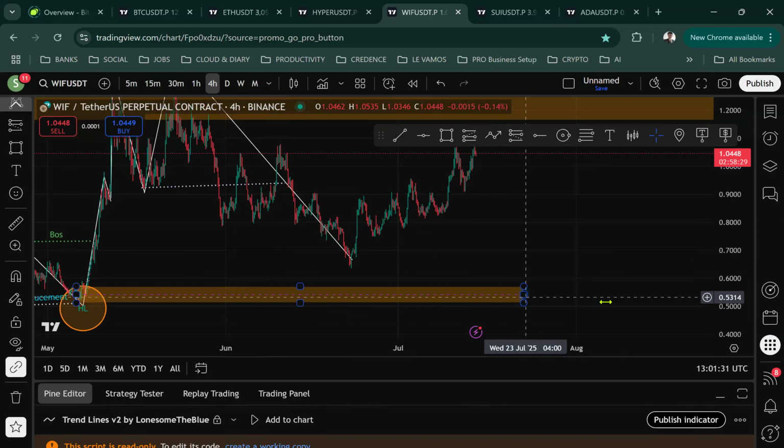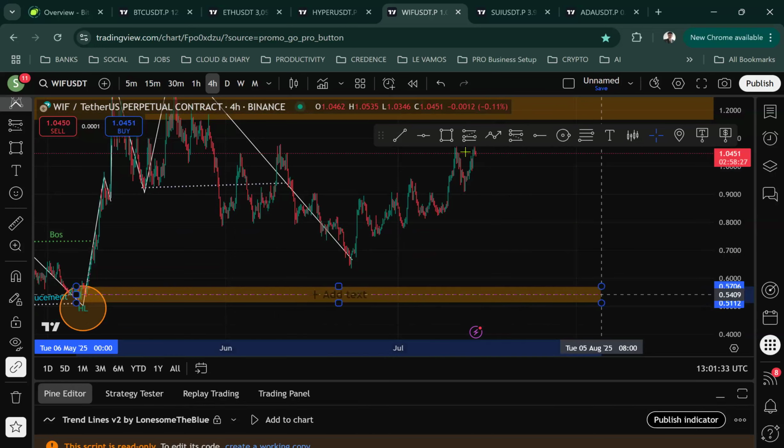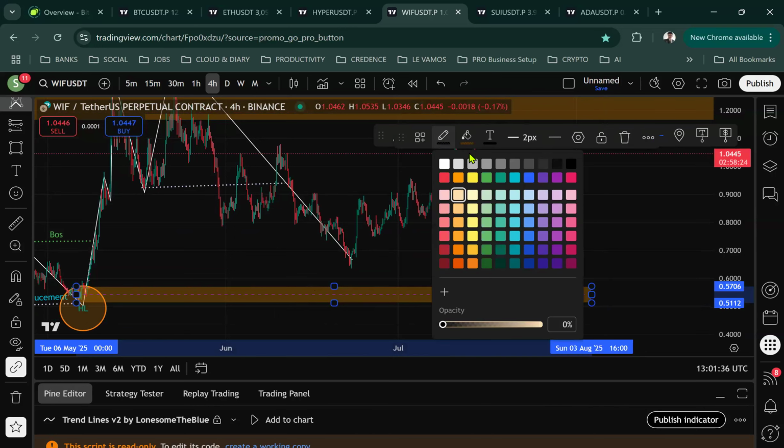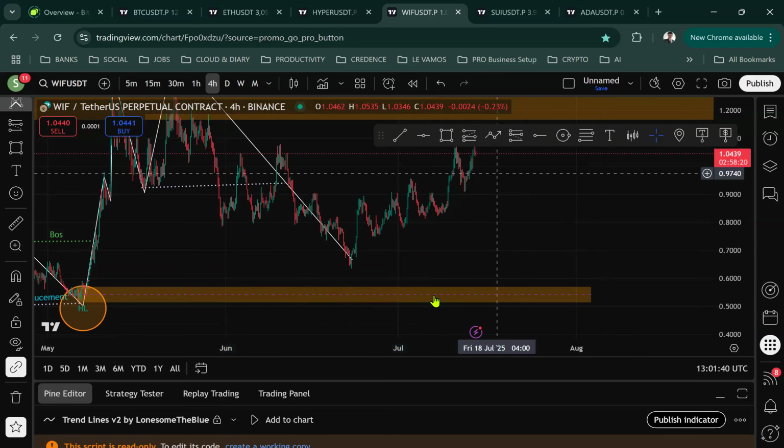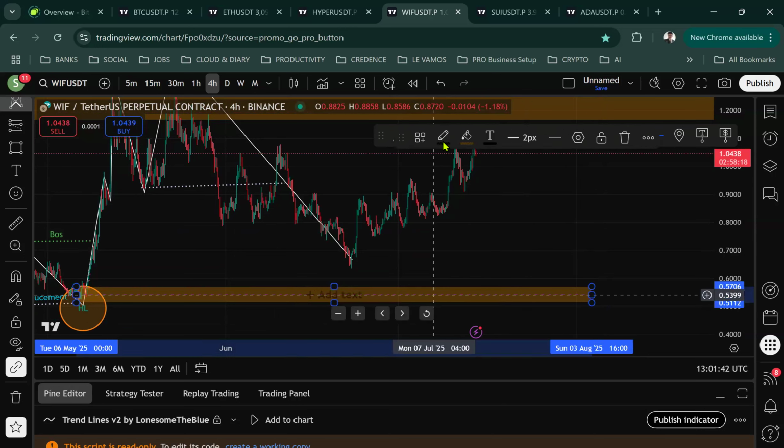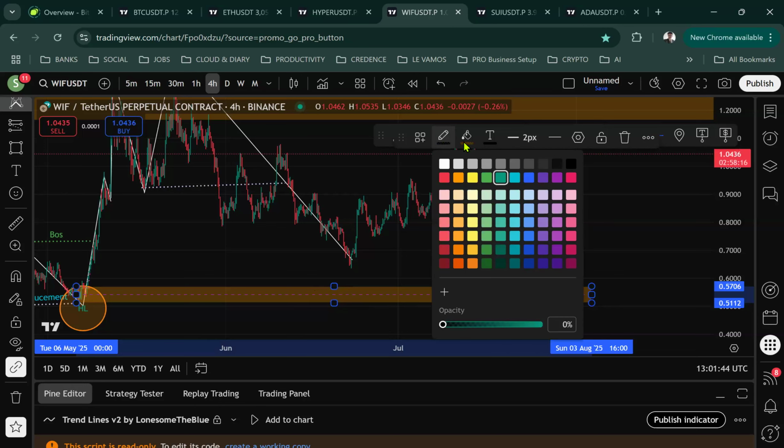Yes, change the color to green because it's buyer. Fine. You can write buyer zone or demand zone. Sure.